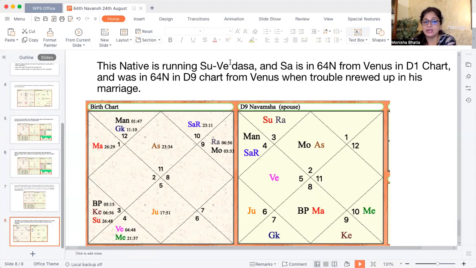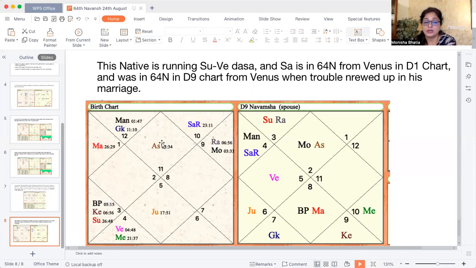The reason is that in the Antardasha of Venus, if you look at his chart, from the Venus, you can see the 8th house is the ascendant. And in the ascendant, Saturn is currently transiting. We all know Saturn has been transiting in the Aquarius sign since the beginning of this year.